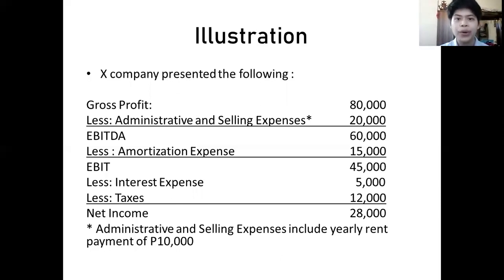Pero tingnan nyo, may nakalagay na asterisk. Administrative and selling expenses include yearly rent payment of 10,000 pesos. So ito na yung sinasabi nating fixed charges kanina. Okay, so ano yung mga ihihingi sa atin? Or what is required?